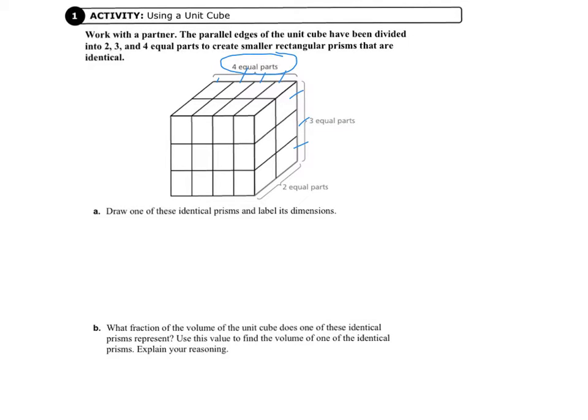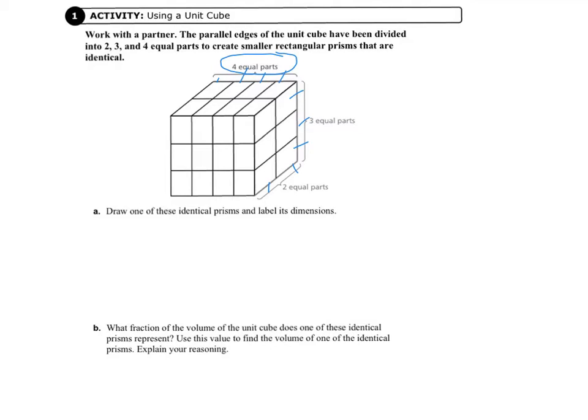And if you look along the lower edge, it's been divided into 2 equal parts. 1, 2. So that makes it so that it's divided into little rectangular prisms. So it says, draw one of these identical prisms and label its dimensions. So it doesn't mean draw the whole giant cube, it means draw one of the little rectangular prisms.